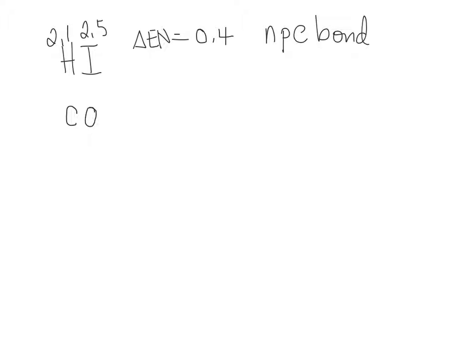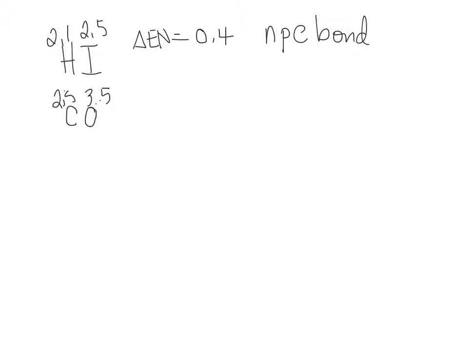How about the bonds between carbon and oxygen in carbon monoxide? What is the electronegativity difference between these two atoms? So find carbon. What's the electronegativity of carbon? 2.5. What's oxygen? 3.5.